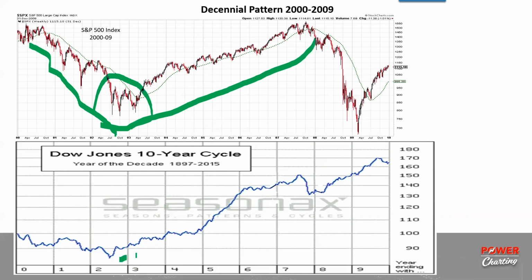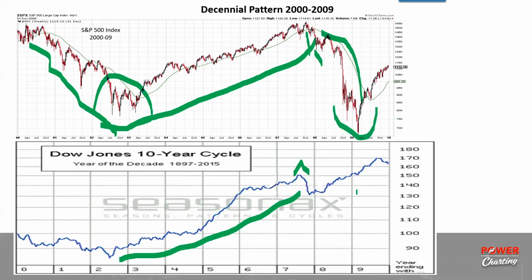The Decennial is working well here. A high is made here, as was the case in the 7th year, and then an important break. Well, this is the great recessionary decline. Important base made here, and then a rally occurs in the 9th year, which starts the epic bull run.